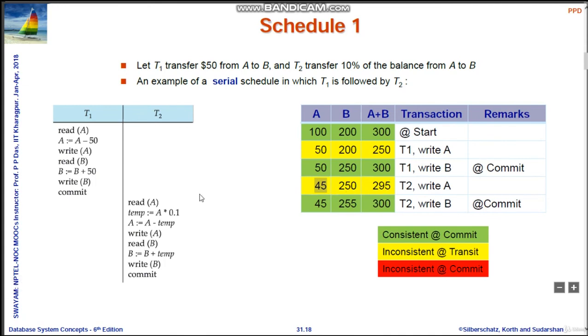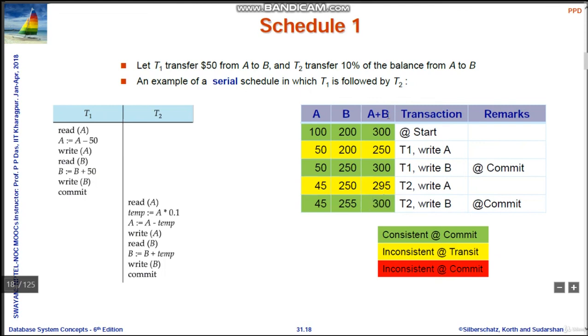Okay guys, now we are here. Write B. At that time A is minus temp and B is plus temp, and we write B. So what happens? A is 45 as it is, and B has 10% more, 255, and when we sum it, it is 300, so you can see this stage and the earlier stage are the same.